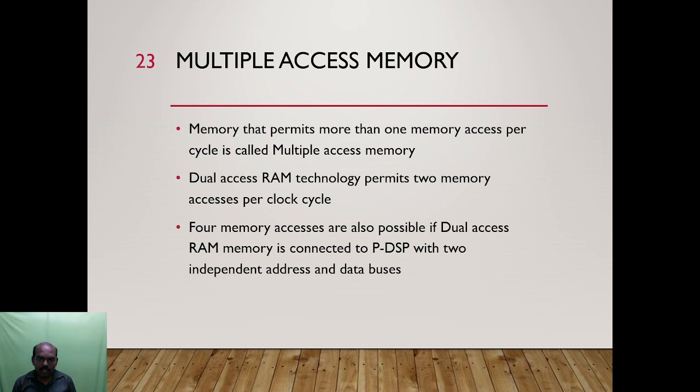Memory that permits more than one memory access per cycle is called multiple access memory. Dual access RAM technology permits 2 memory accesses per clock cycle. 4 memory accesses are also possible if dual access RAM is connected to a programmable digital signal processor with 2 independent address and data buses.